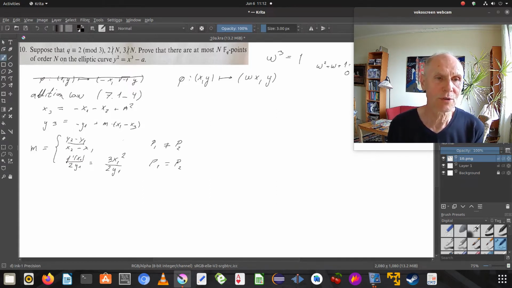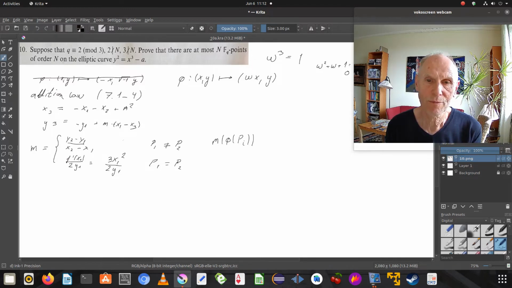So what happens to the slope? So m of phi of the points is one divided by omega times the old m, which equals omega squared times the old m.